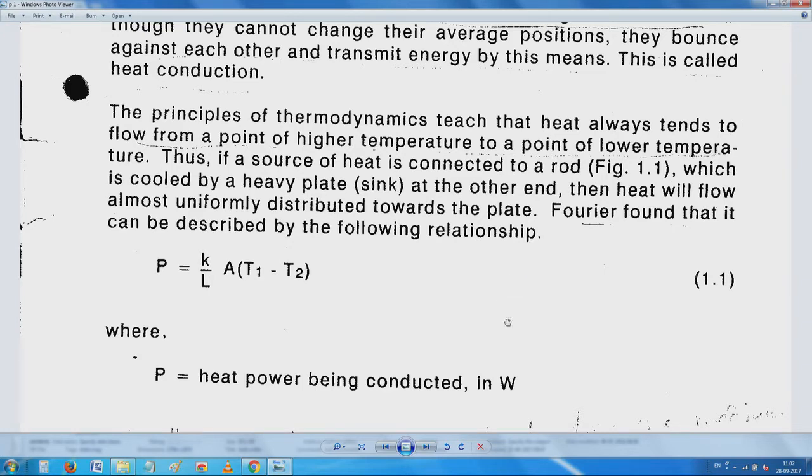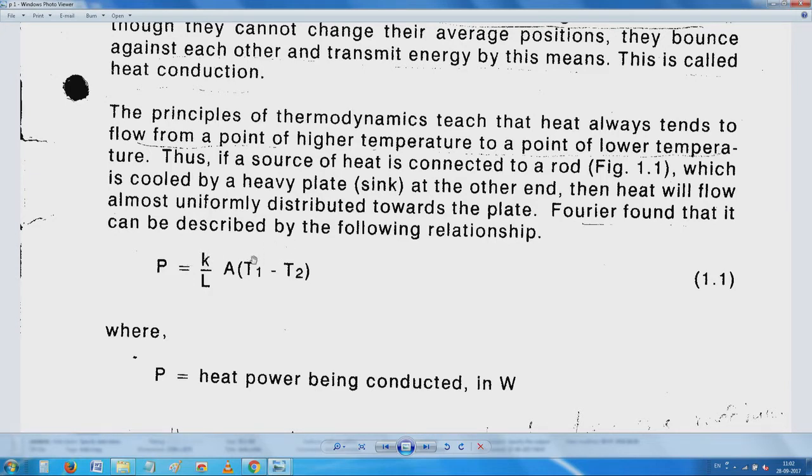If a source of heat is connected to a rod, and the next end is cooled by a heavy plate, heat will flow uniformly distributed towards the plate. Fourier found out that it can be described by a very simple equation. We will start with watts. Watts are a useful thing because everything can be accommodated in the K that is shown here.